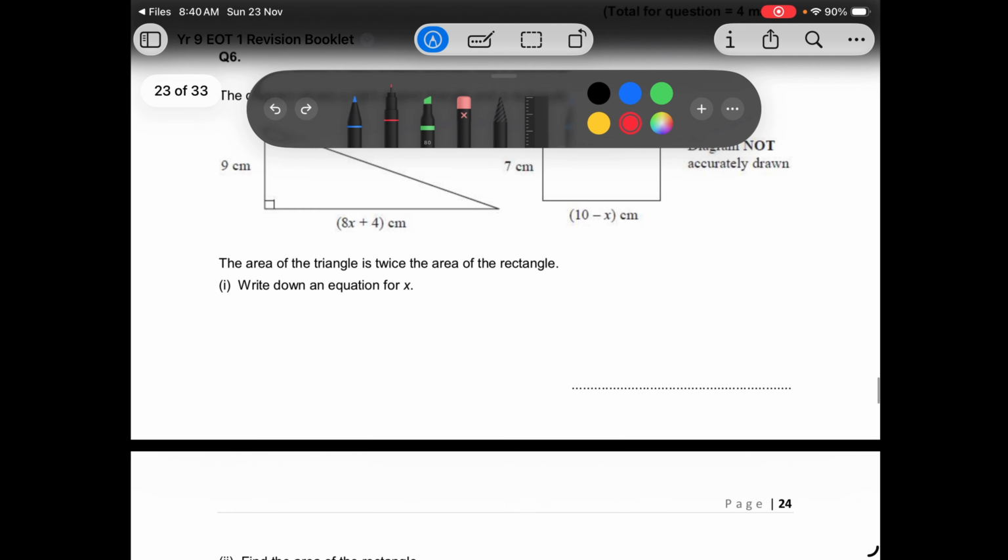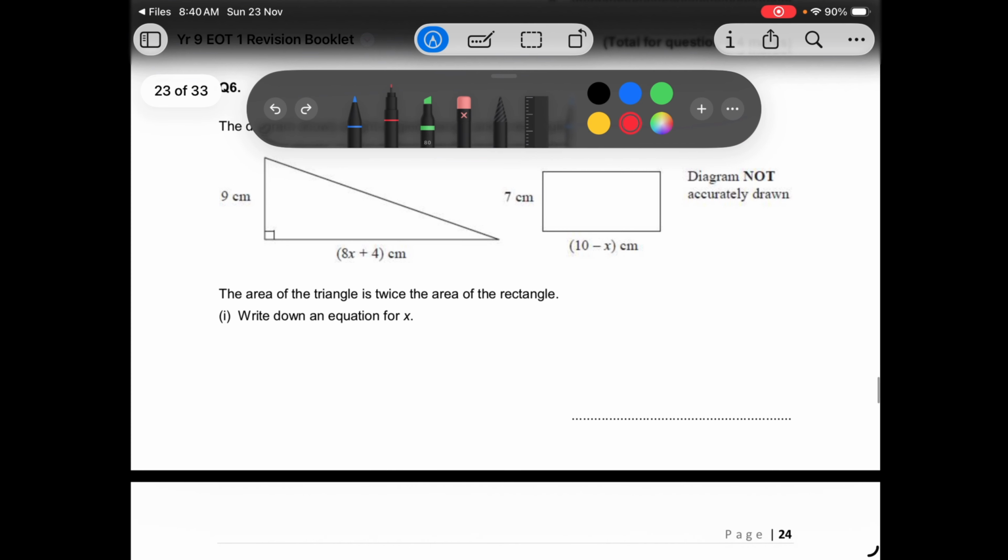So here I will write the area of the triangle. The area of the triangle is 1/2 times base times height. This is the base, and this part here is the height.